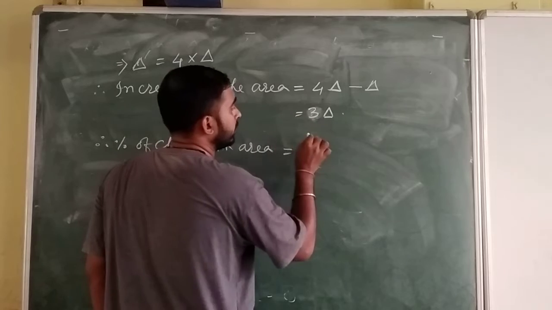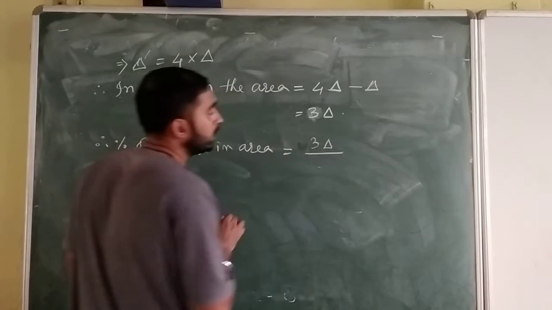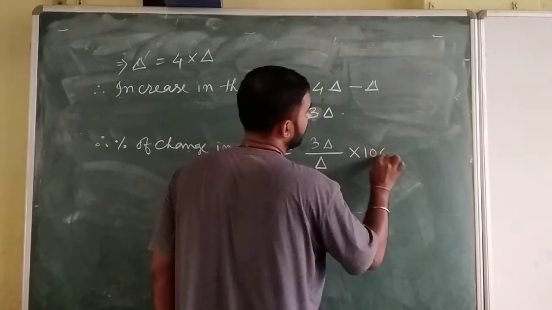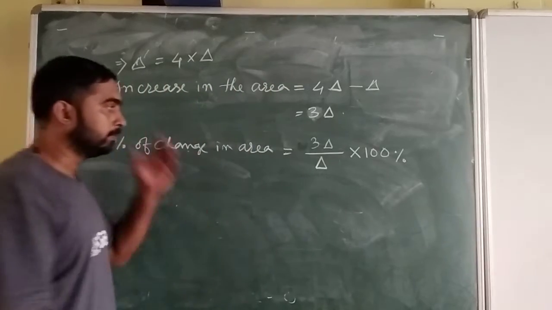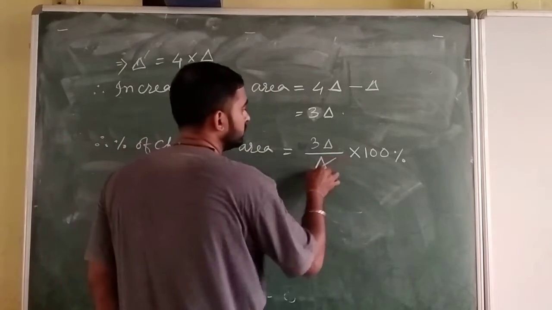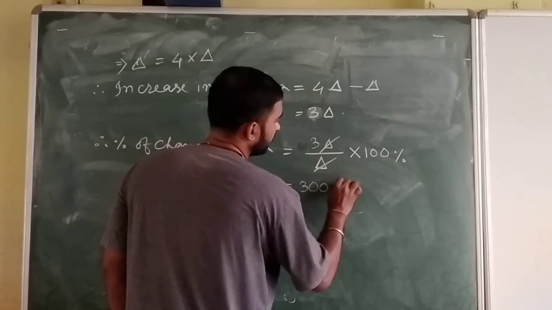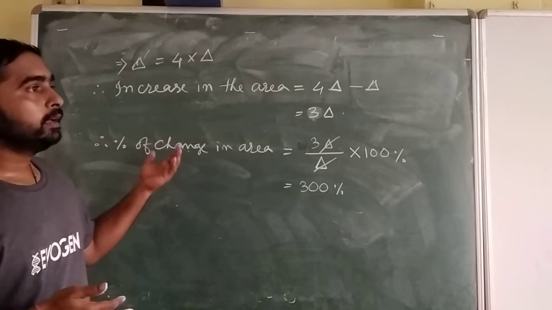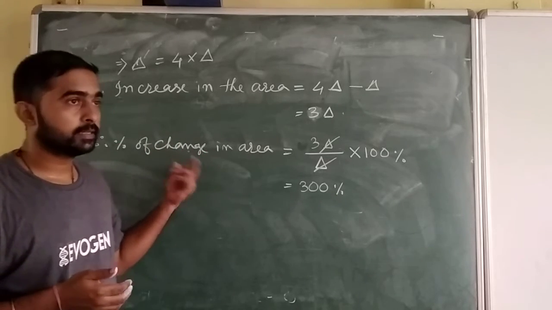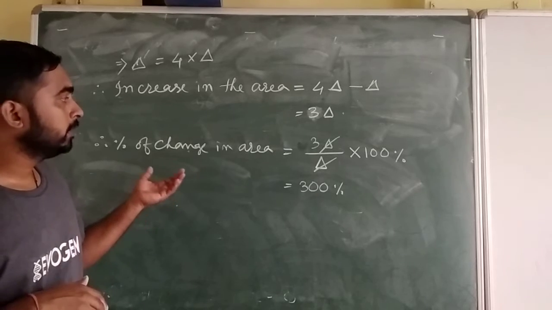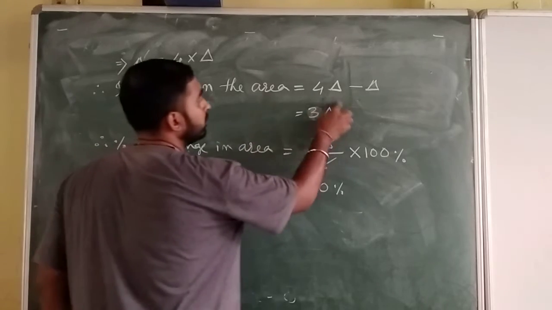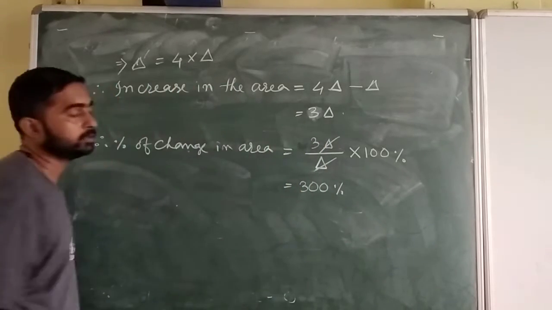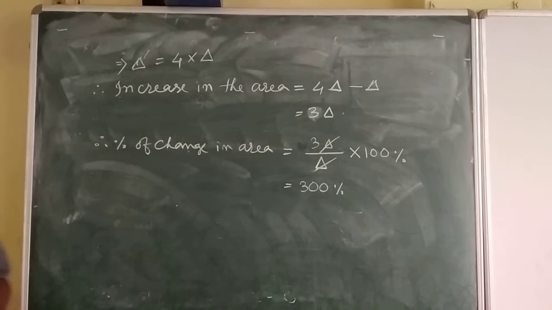The increase is 3 delta, the area of the first whole triangle is delta, and percentage means multiplied by 100%. So these cancel, equal to 300%. It means if the sides of any triangle are double, then the area becomes 4 times, the change in area is 3 times the original, and percentage change in area equals 300%.